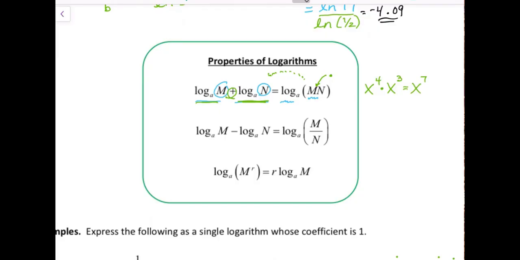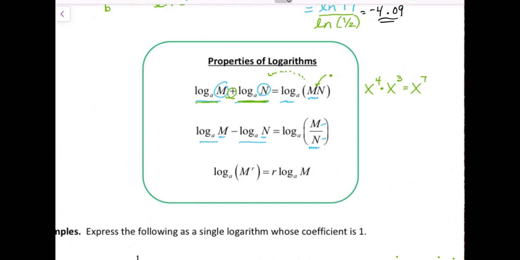Okay, in the second property, if we look at it from left to right, what it's telling me is how to subtract two logarithms that have the same base. And what I do is take the two arguments that are in those logarithms, and I create a new argument where I have the first argument divided by the second argument.